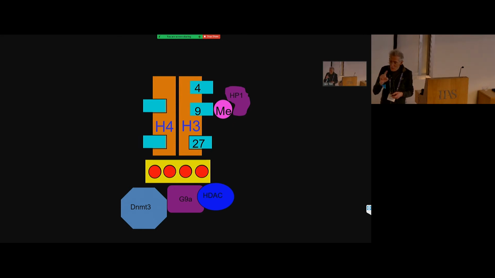It still won't go back. But if you use a mutant that allows you to get the heterochromatin, but doesn't allow you to get the de novo methylation, the cells will go back to their pluripotent state. So it's serving as a way of maintaining inactivity.